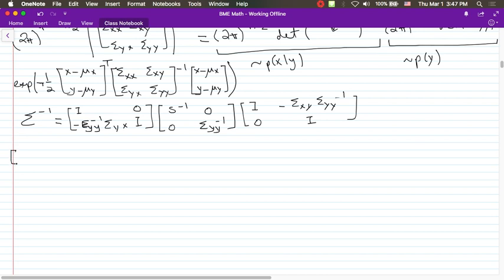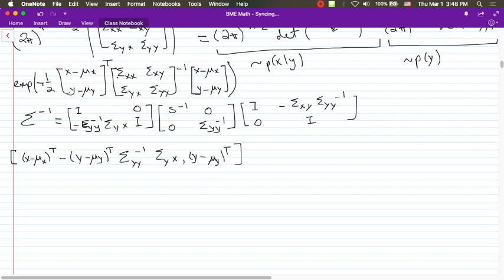So I'm going to get x minus its mean transpose. I'm just going to multiply this by this element now. Minus y minus its mean transpose times sigma yy inverse sigma yx, comma, so this vector times this row, y minus mu y transpose.